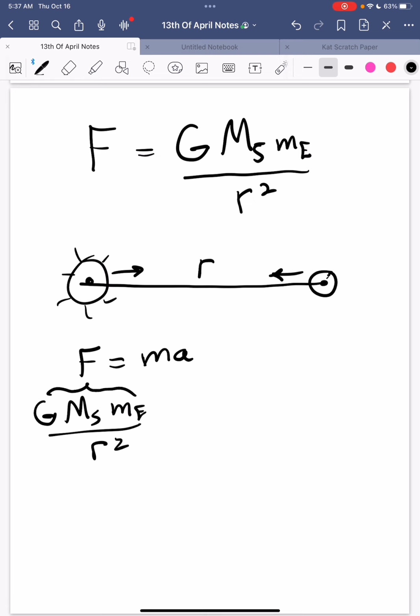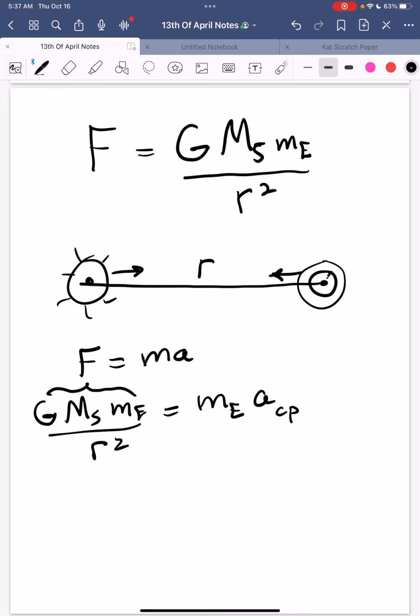That is this force here. And now I make that equal to the object that's being accelerated centrally, and that's the Earth here. And so that's the mass of the Earth. And now the acceleration is a radial acceleration or a centripetal acceleration toward the center. So this is our equation.